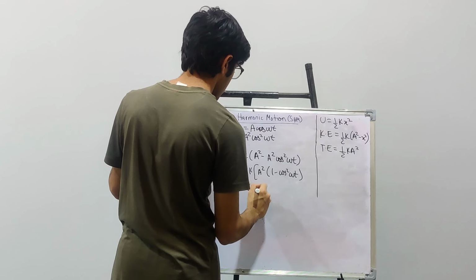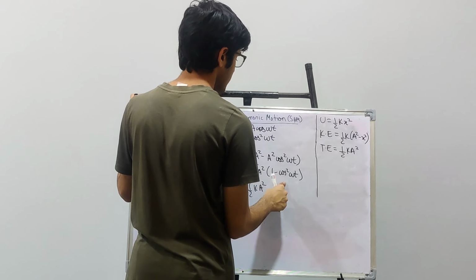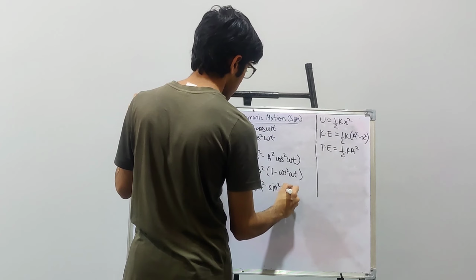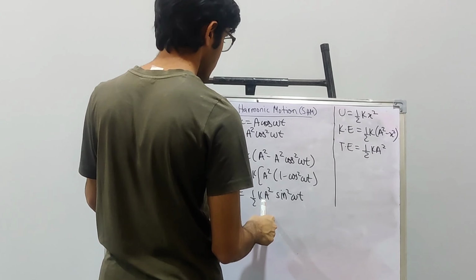You know that sine square theta plus cos square theta is equal to 1. So sine square theta is equal to 1 minus cos square theta. So this is sine square omega t. This is kinetic energy, and total energy will always remain constant.